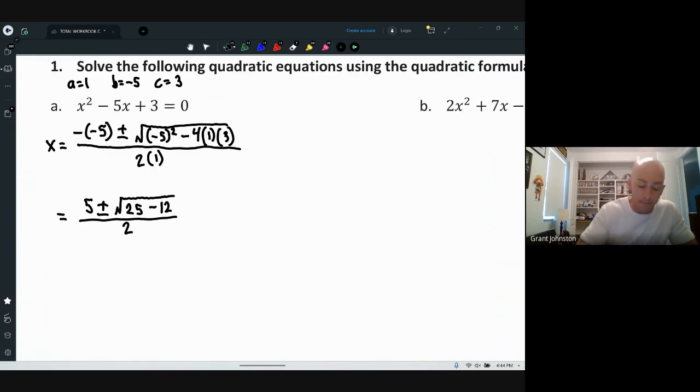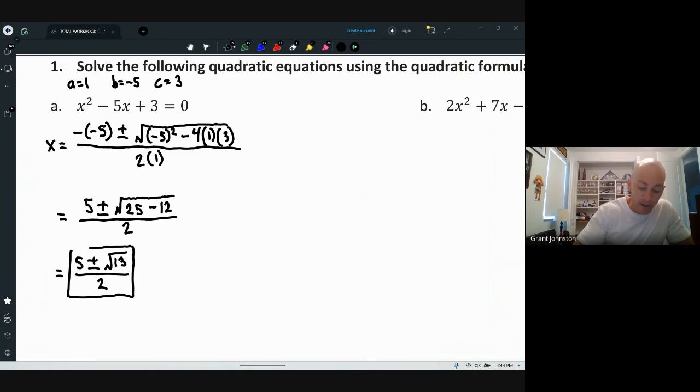Let's keep it going. So underneath the root symbol, we have 25 minus 12. That is 13. I'm going to make that a 13. So I have 5 plus or minus root 13, divided by 2. And the truth is, I'm actually going to stop this problem right here.